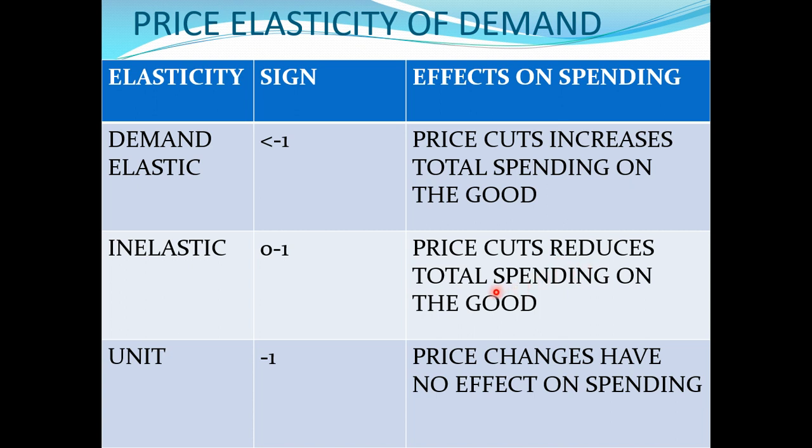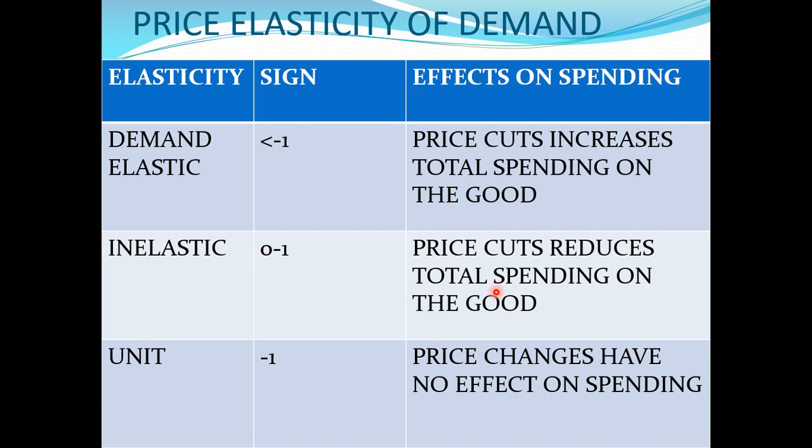You reduce the price, but the increase in quantity demanded is not going to be enough to compensate for the reduction in the price. Therefore, total spending is going to reduce, and as total spending is reducing, it means that total revenue is also reducing. And if total revenue is reducing, then ultimately your profit margin will also be negatively affected.